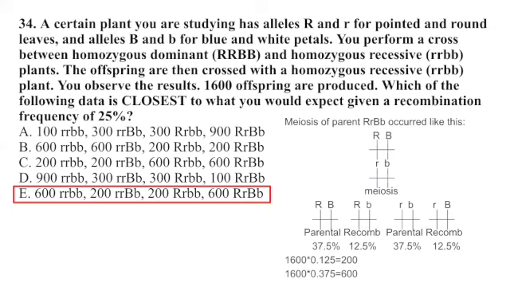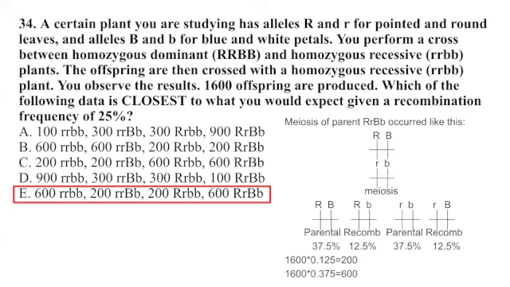And so if we're told that there is a recombination frequency of 25%, that means that 12.5% of offspring will have the big R little b chromosome, and 12.5% will have the little r big B chromosome. 37.5% will have the big R big B, and 37.5% will have little r little b.